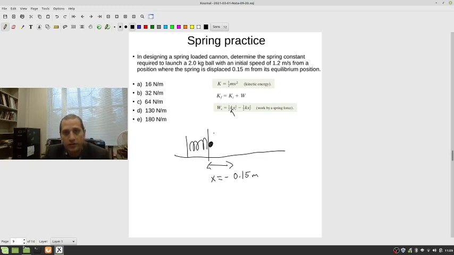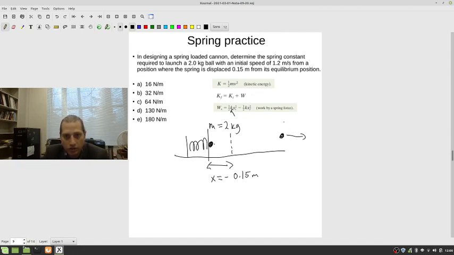And we have a mass here of 2 kilograms, and initially it's not moving. And what's going to happen is that we're going to let the spring go. The spring is going to push on our mass, and it's going to launch it. And after this ball is launched, it's going to be going at a speed.